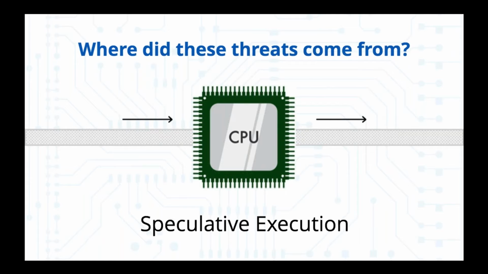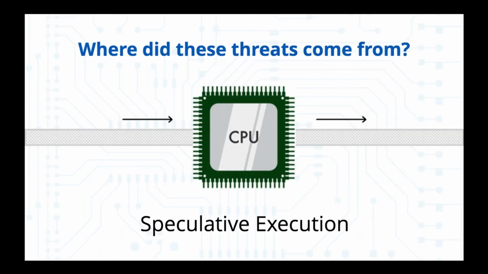A hacker or an attacker could remotely exploit Meltdown and Spectre by making use of JavaScript code on an ordinary looking web page. Let me repeat, a hacker could remotely exploit using JavaScript code on an ordinary looking web page. This is just an example of where exploitation could happen.